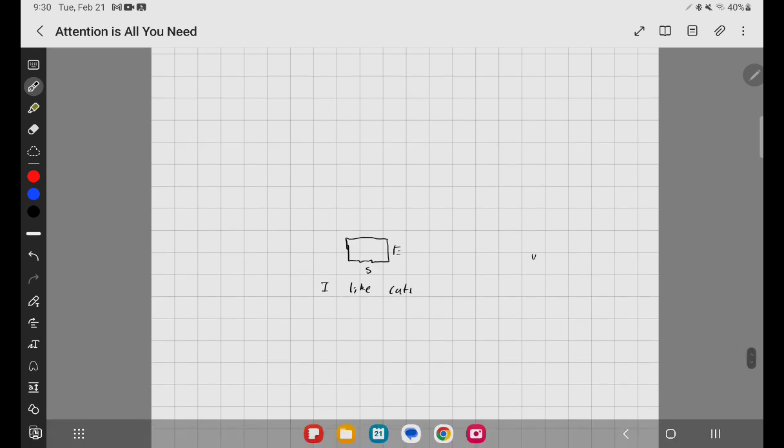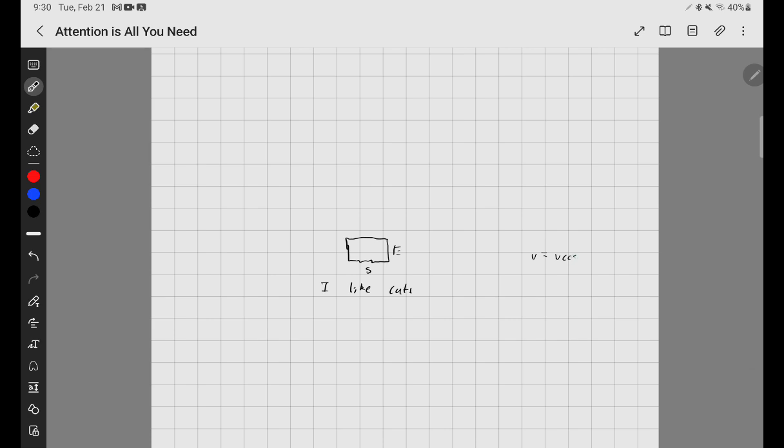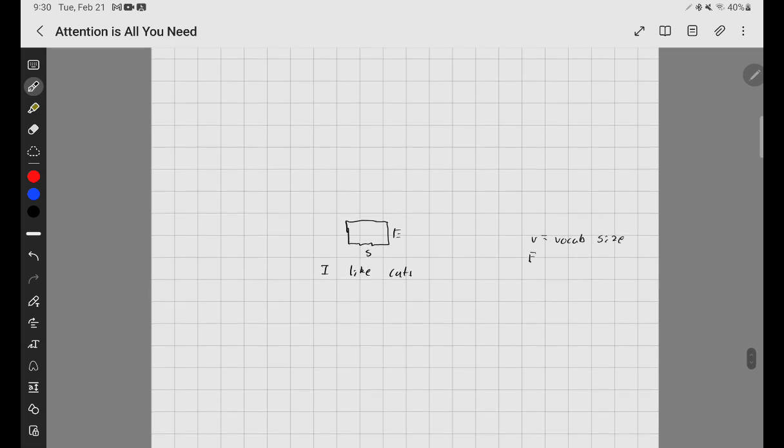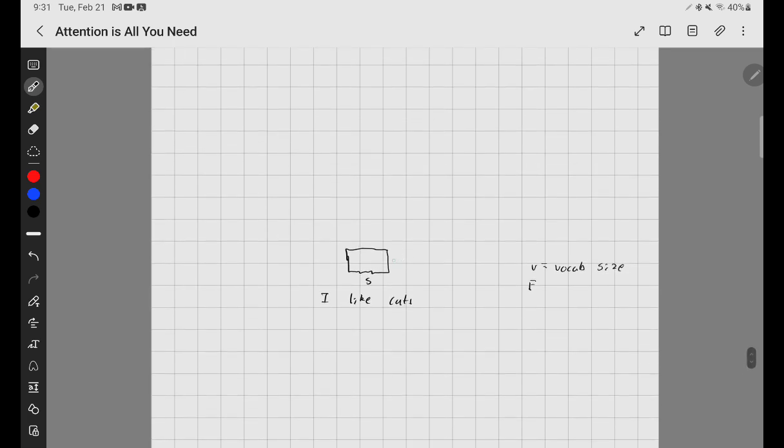V is the vocab size, but usually since this is really big, you can linearly project it by using a feed forward matrix. So if we have this S by V, you can throw it through a feed forward layer, and then you get out an S by E matrix, just to condense it into a smaller vector representation.